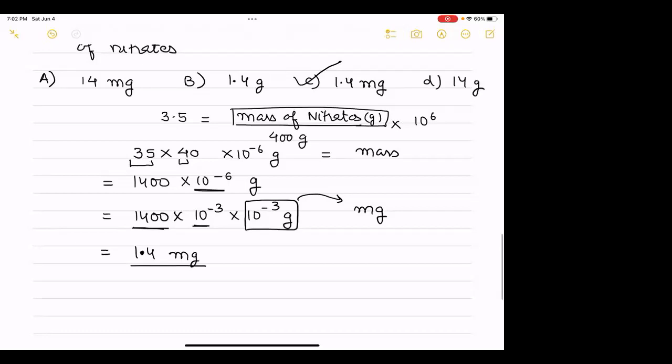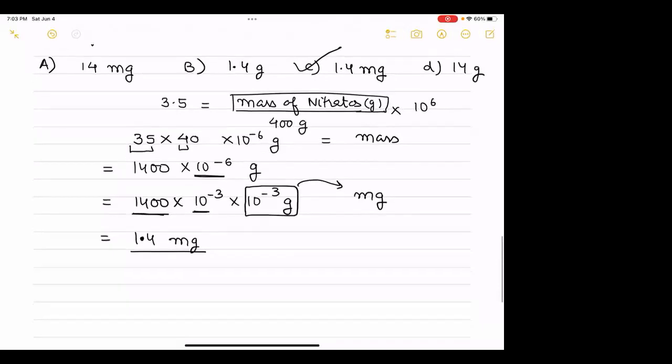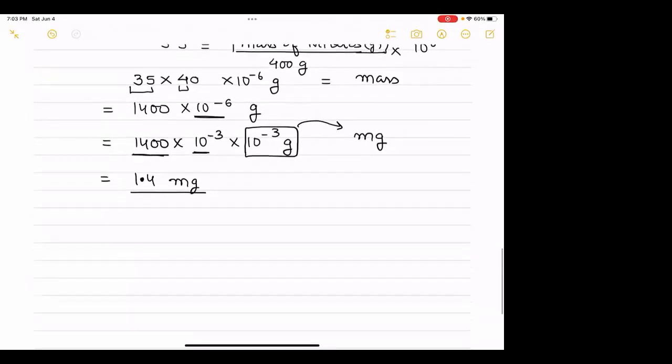Okay, so you can do that also. That is very simple. Okay, so let me ask you one question, and that is interconversion of mass percentage to mole fraction.